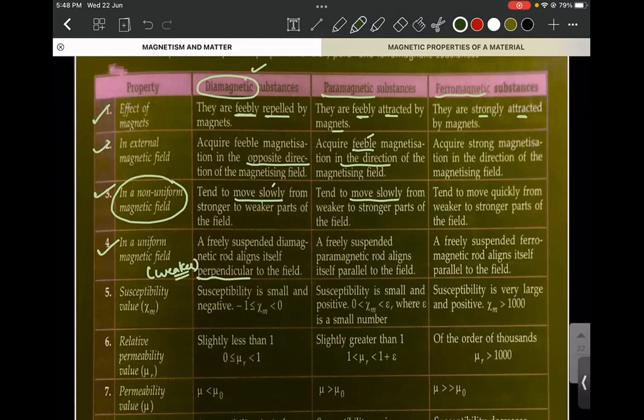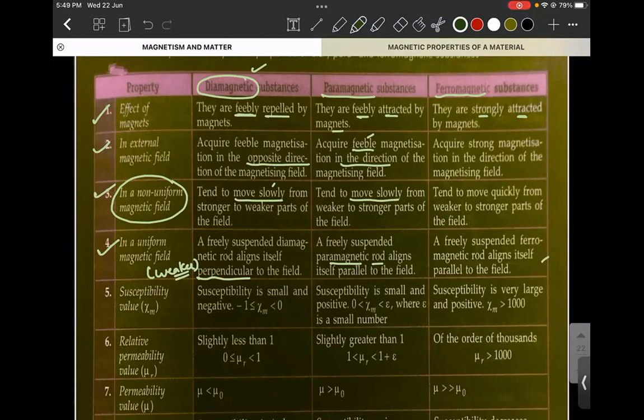Whereas a freely suspended paramagnetic rod aligns itself in the direction parallel to the field. And the same is the case with ferromagnetic substances also. So these 4 points are related to how these substances respond to an external magnetic field.